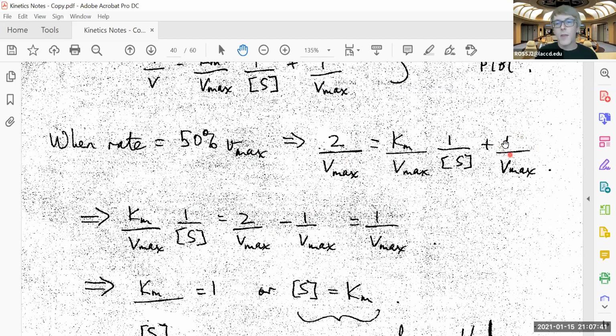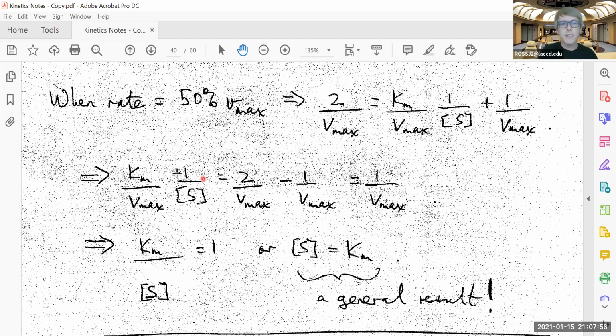We can take this 1 over Vmax to the other side, so we have 2 over Vmax minus 1 over Vmax, which just becomes 1 over Vmax. So now we have 1 over Vmax equals Km over Vmax, 1 over S.